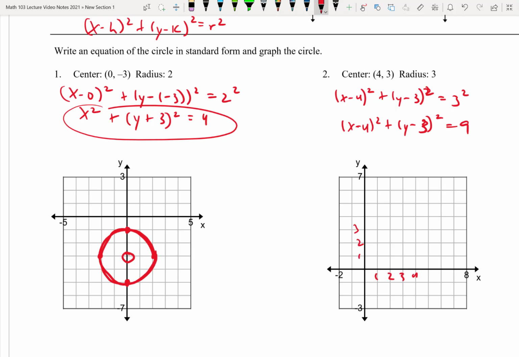Alright, so let's sketch. The center's at (4, 3), and the radius is 3, so we're going to go 3 in every direction from the center. And there's our circle.